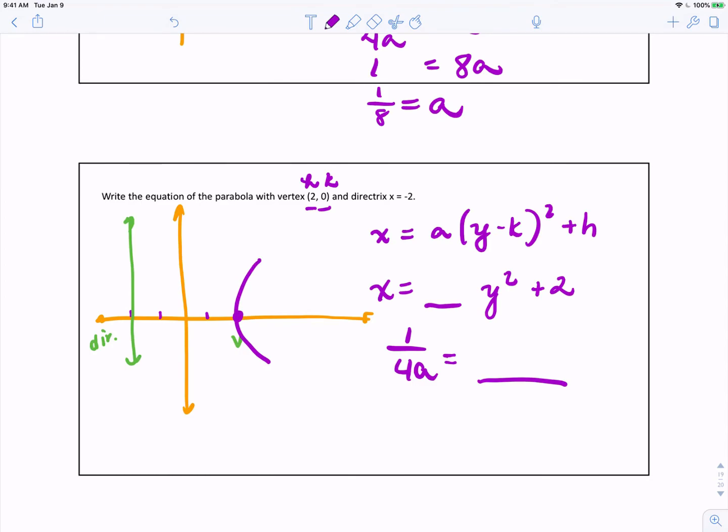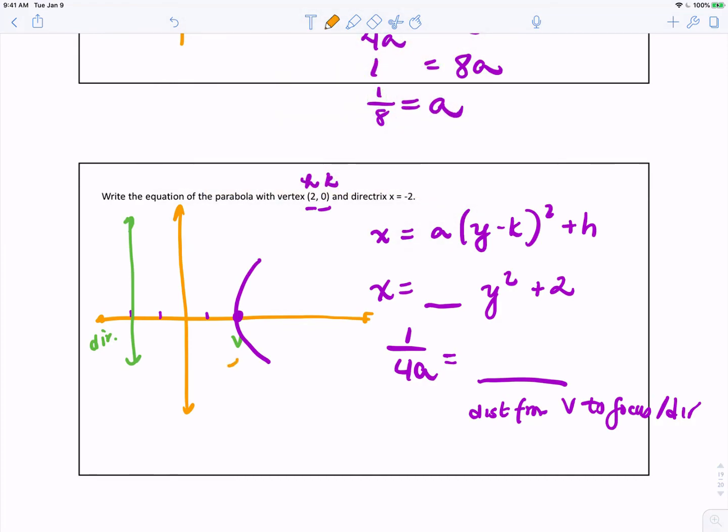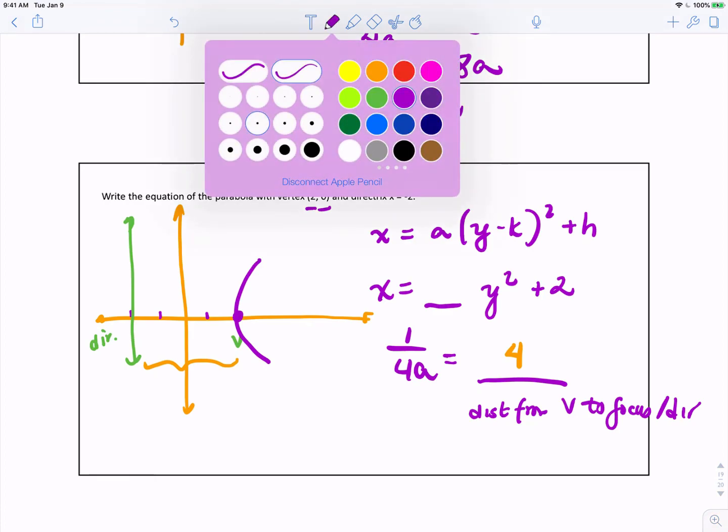So remember, 1 over 4a is the distance from the vertex to either the focus or to the directrix. So the distance we can see here on our picture from the vertex to the directrix is 1, 2, 3, 4 units. So we're solving this equation, 1 over 4a is equal to 4.